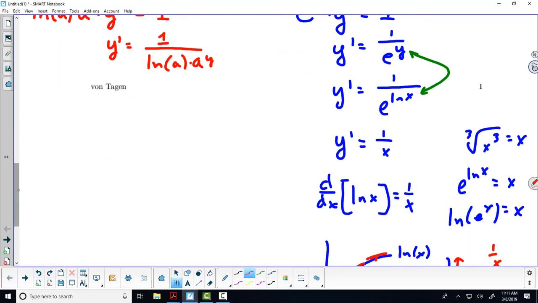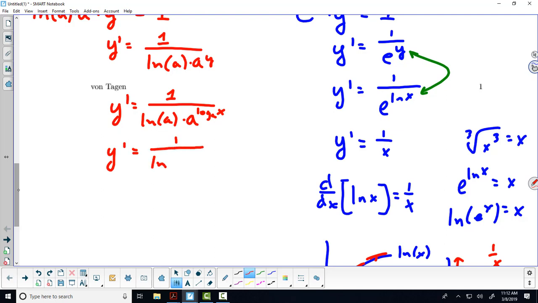So let's do so. We get y prime is equal to 1 over the natural log of A times A to the log base A of x. So what is A to the log base A of x?